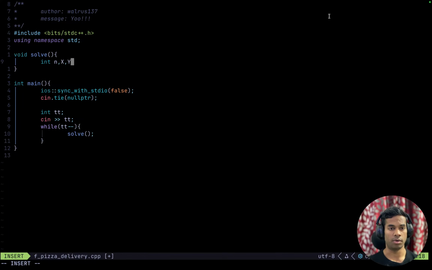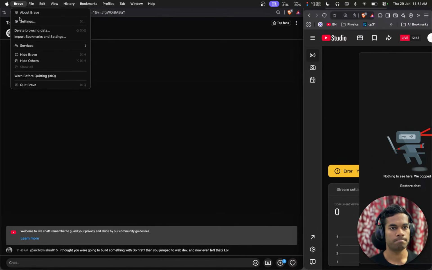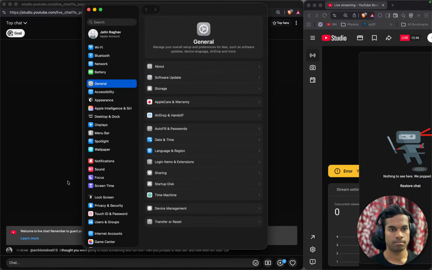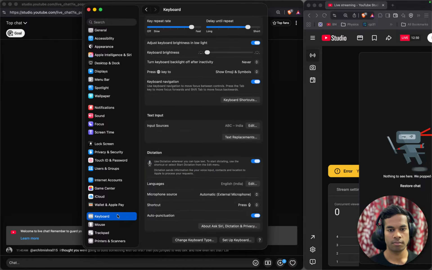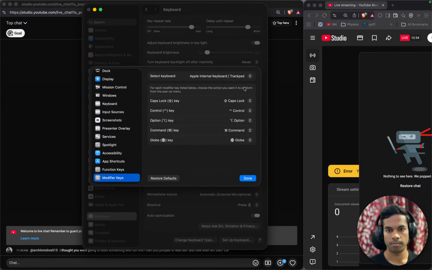x comma y and end x and end y. Caps lock. Just one moment.